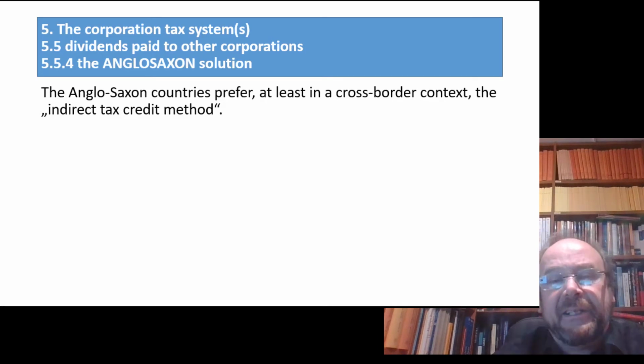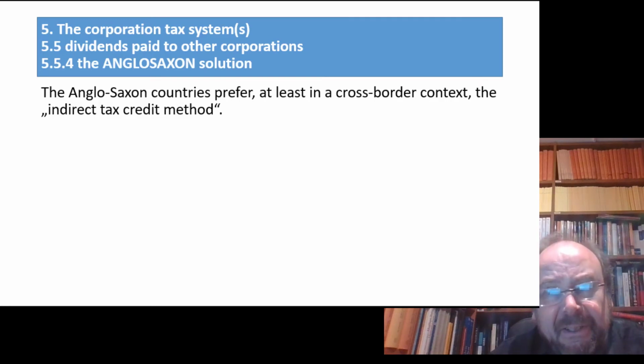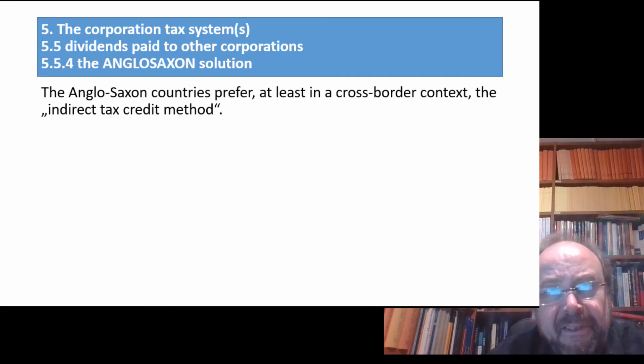In an inland case, I believe some decades ago, they also began to say, okay, we can leave a dividend tax-free in the hands of a parent company if at the lower level the same tax, the inland corporation tax, has already been paid. I believe that has sometimes been called franked investment income or so.